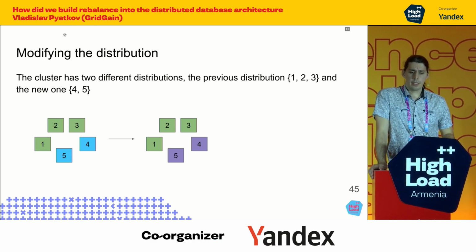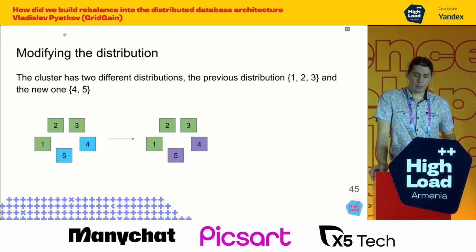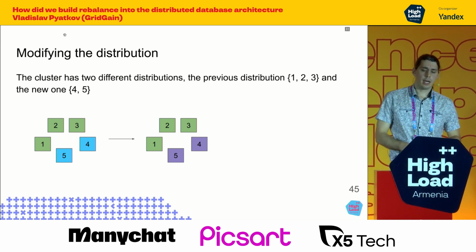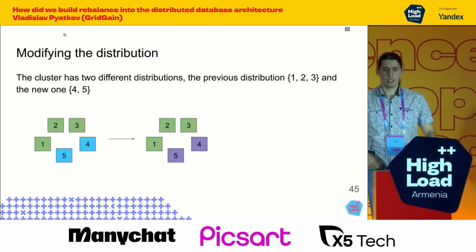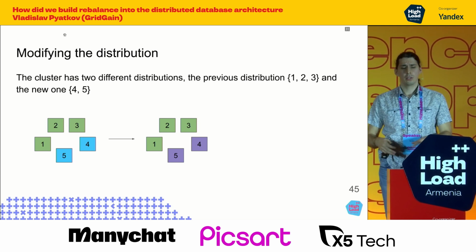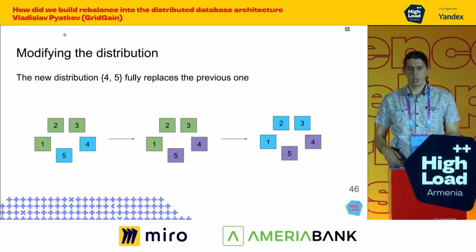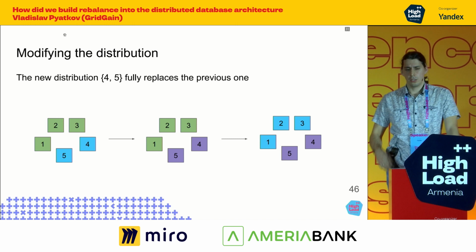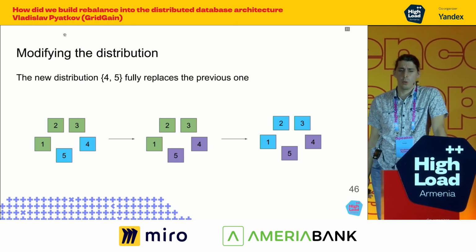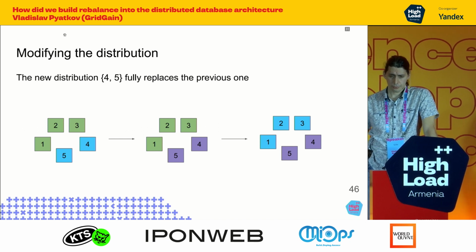In this case, we use an intermediate distribution that contains all replicas, I mean from 1 to 5. And at this time, we have storage of this partition across all nodes. And when all the copies become up to date, we're ready to switch to the new distribution and remove copies from nodes 1, 2, and 3, and continue working on it.